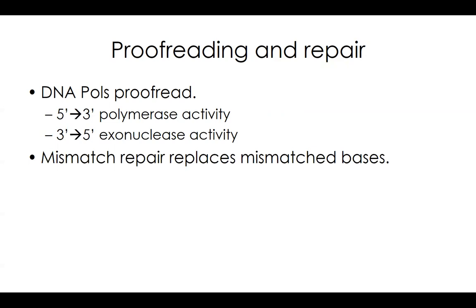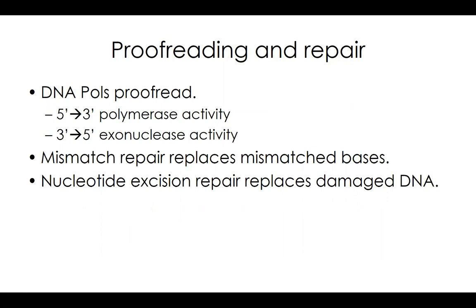We can also have some mechanisms that can fix things that don't get caught during replication, or that can happen afterwards. Mismatch repair is a type of DNA repair that does what you think it would do. It repairs mismatches that either happen because polymerase missed it, or because of some chemical reactions that can happen in the cell, sometimes just naturally.